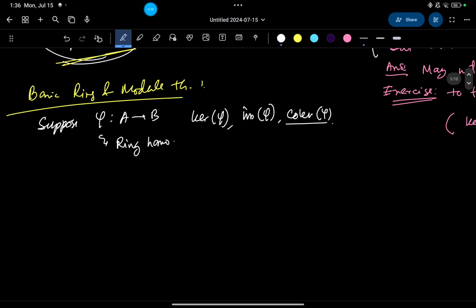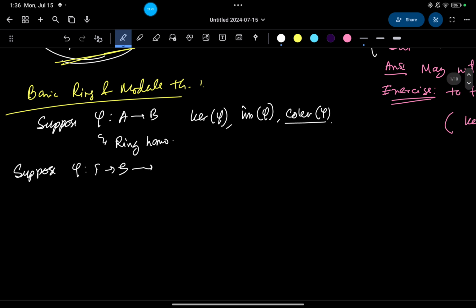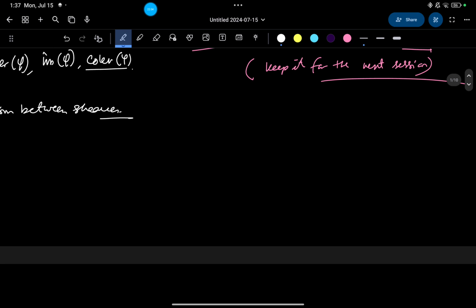So similarly here as well, suppose phi from F to G is a morphism between two sheaves. As there is a morphism between sheaves, we can talk about the kernel of phi.